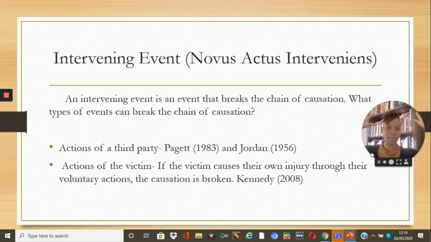And that something else in the middle was an intervening event which broke the chain of causation. So, hey, you can't say I'm guilty of murder. But our next question could be, what types of actions can a defendant reasonably bring in front of the court and say that these actions have broken the chain of causation?